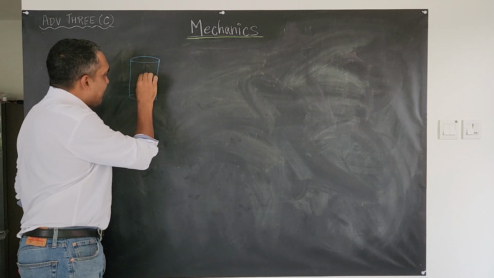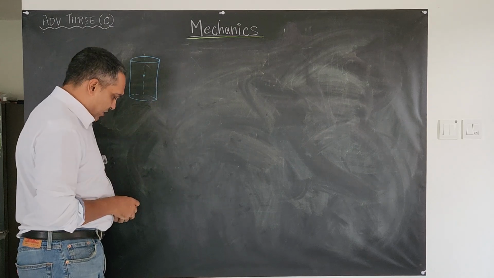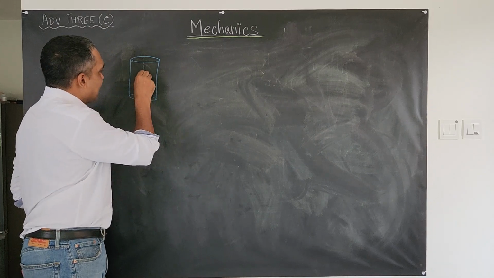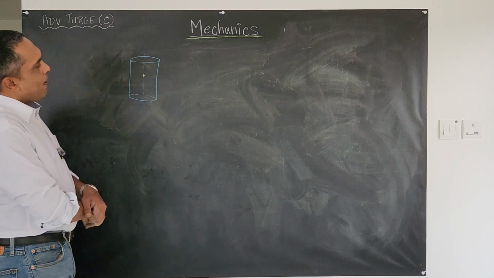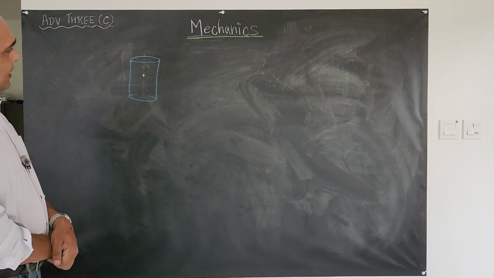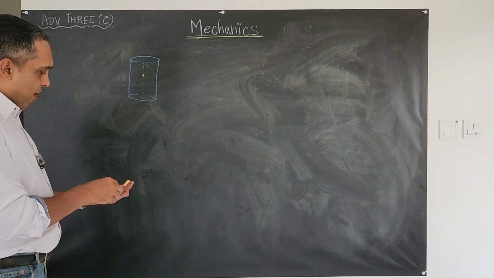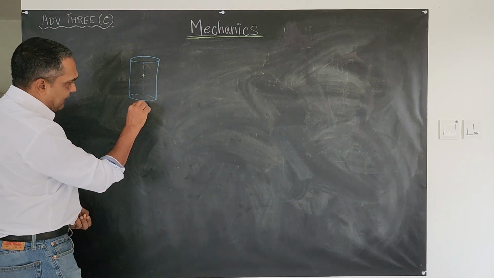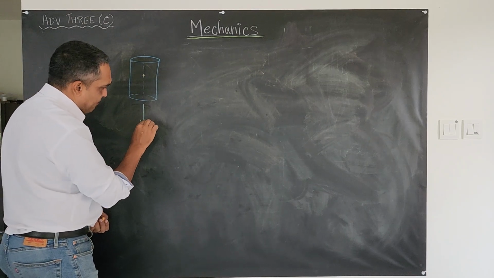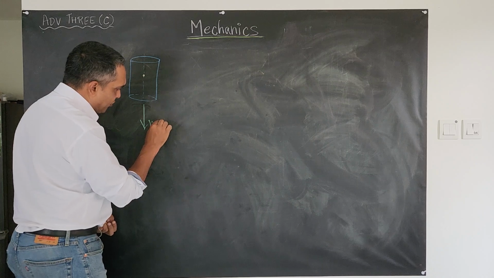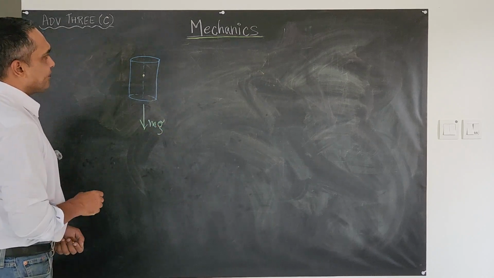You can define its center of mass to be somewhere here. So I will use another color and say, okay, that's my center of mass. Now, the center of mass is where I am expecting to see the mg pass through, right? This is where mg is passing through.